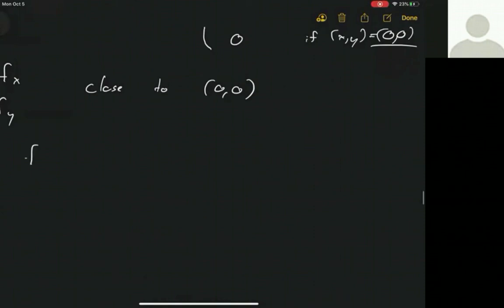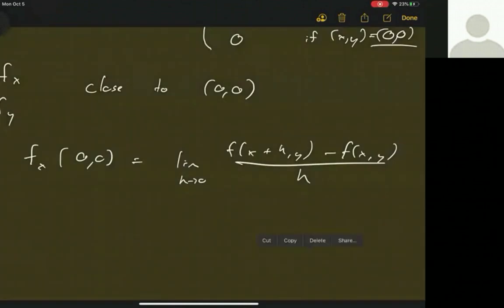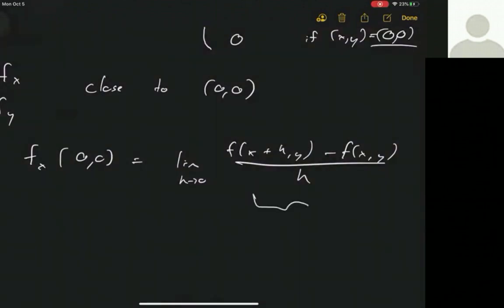What is fx at 0, 0? That's equal to the limit. It's a limit, right, of f(x plus h, y) minus f(x, y) over h as h goes to 0. This limit exists. Even if my function is not necessarily continuous at 0, 0, this limit might exist.